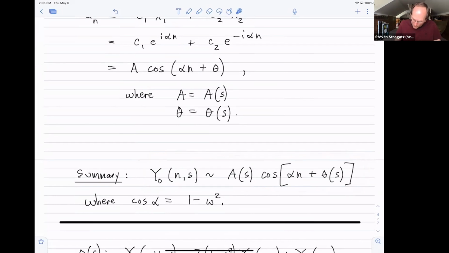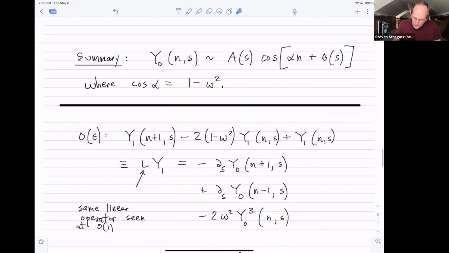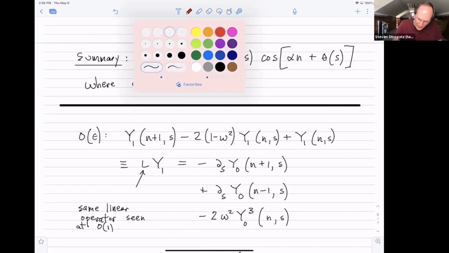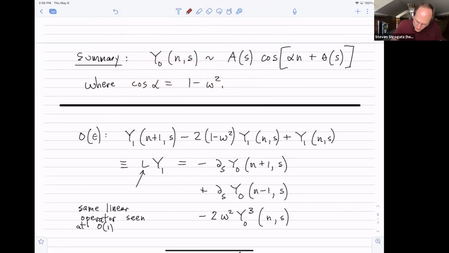And, you know, if you wanted to write that out a little more explicitly, I guess at this point we could say this expression above is asymptotic to our A0 cosine of alpha n plus epsilon gamma n plus the theta 0 that we just calculated.